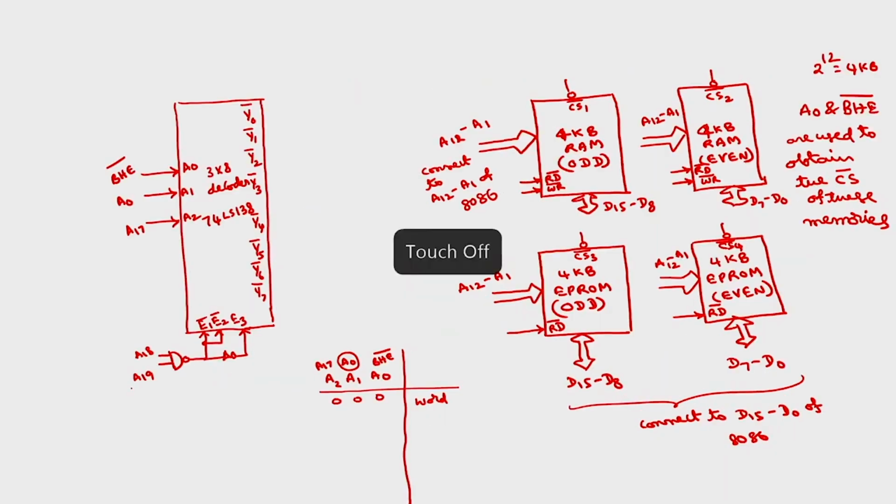So, this is a word from RAM operation. For a word from RAM, you have to select both the banks.